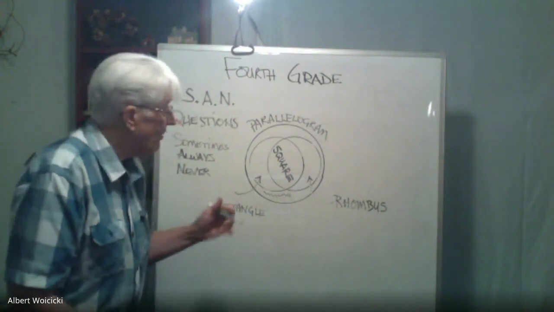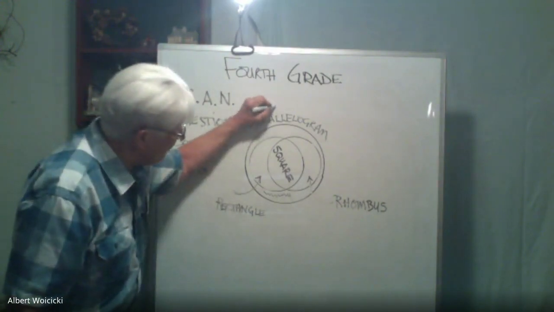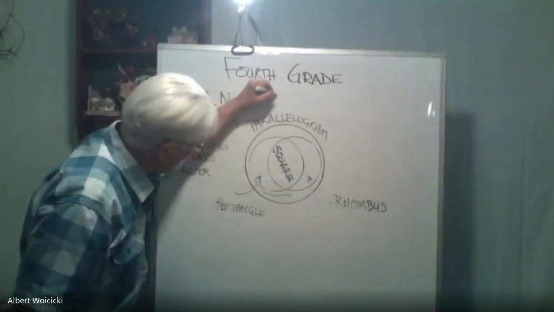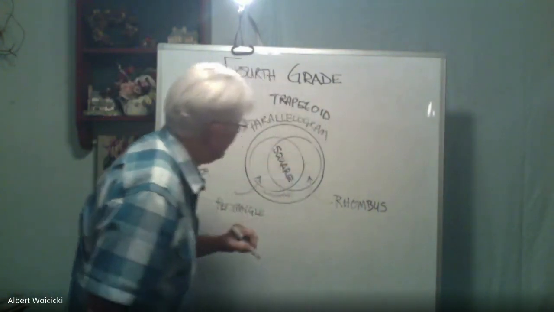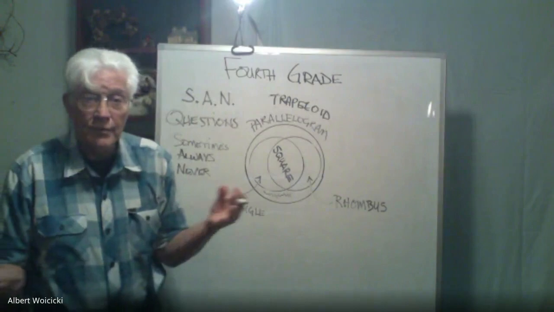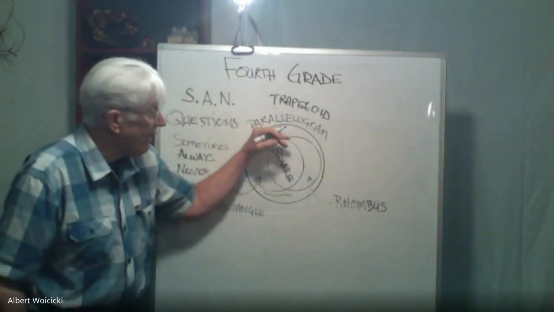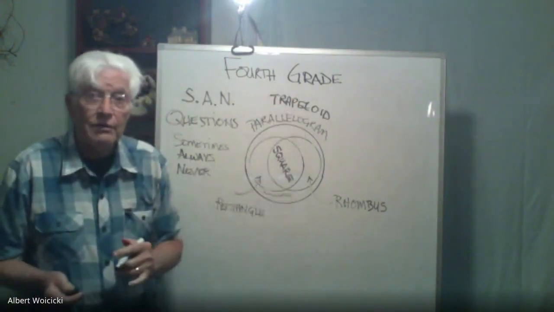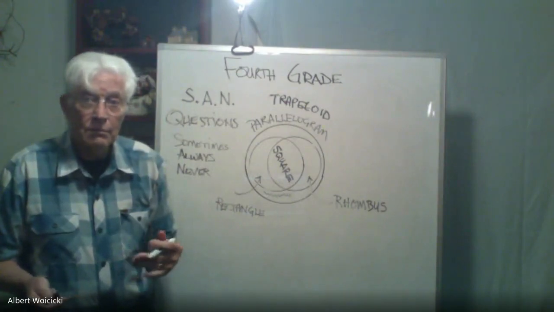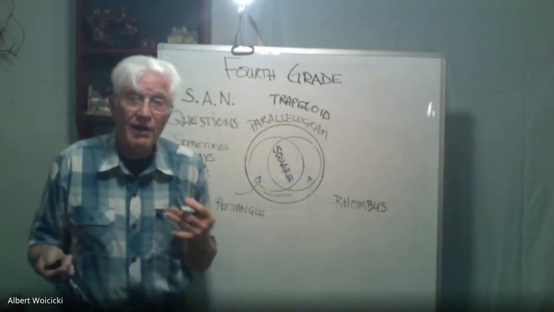And remember this, the circle outside of this was trapezoid, the word trapezoid. Now, is a parallelogram a trapezoid? It has two pairs of parallel sides.